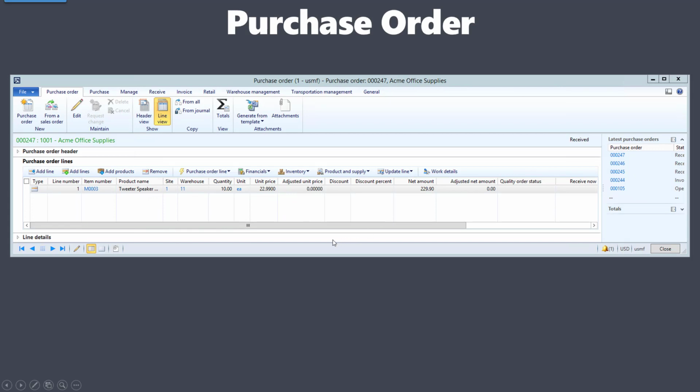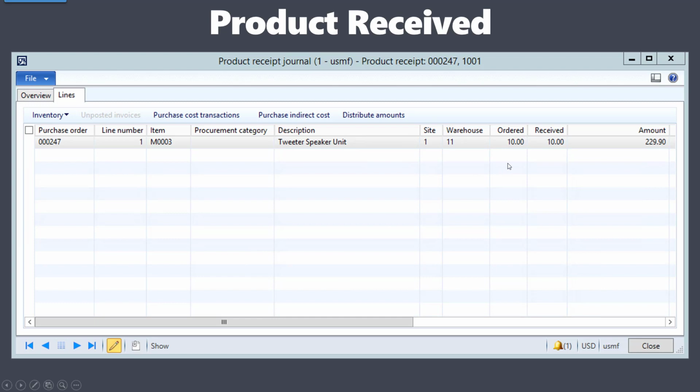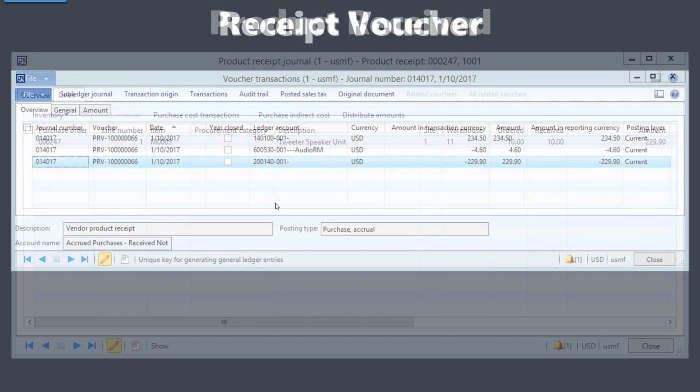Now when we look at the purchase order, we're buying 10 at a unit's price of $22.99. So we've ordered and received at the $22.90.